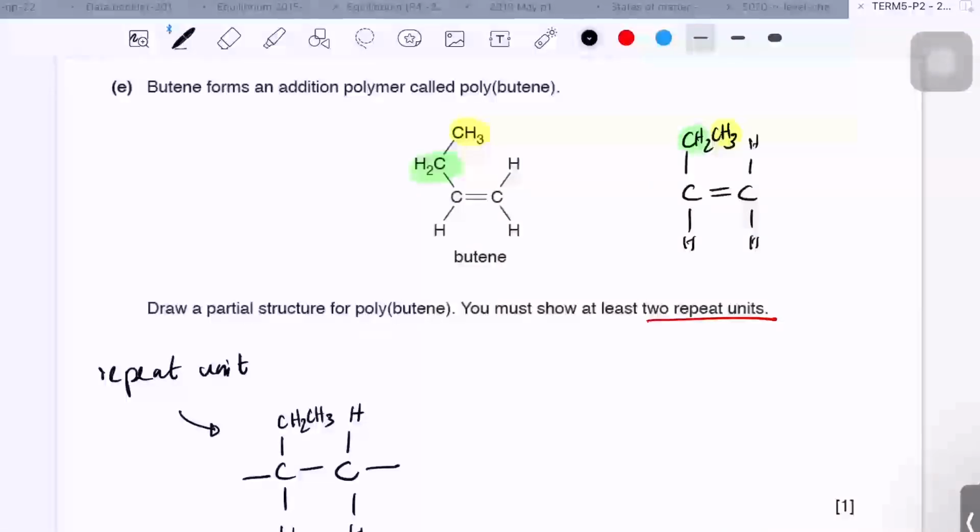Now what we need to do is draw the polymer using 2 repeat units. Can you draw the structure of the polymer using 2 repeat units? Right, now draw the structure of the polymer. Polymer structure is the final answer.